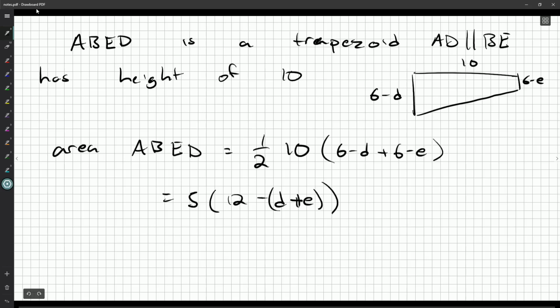So what do we need? I need D plus E to be 8. If I can show that, then we're good. Okay, but how can we show that? Well, we should be able to relate the slope of this line in terms of say, maybe some m to D and E, or something to that effect.